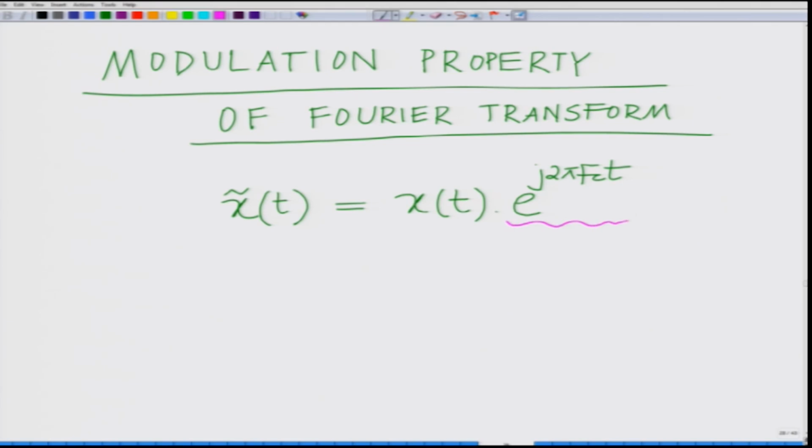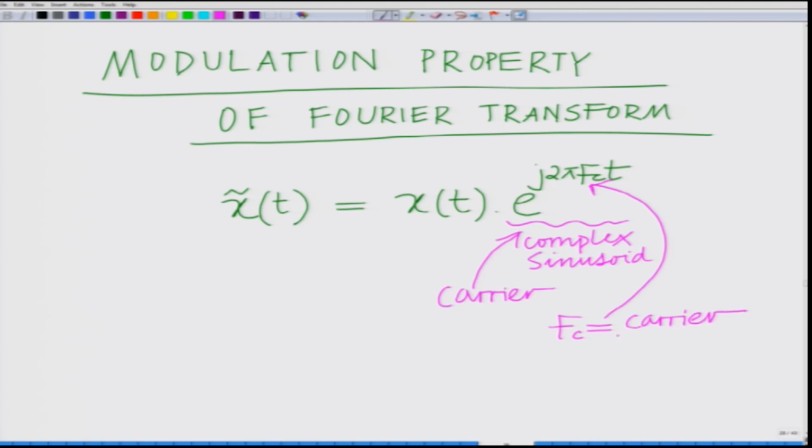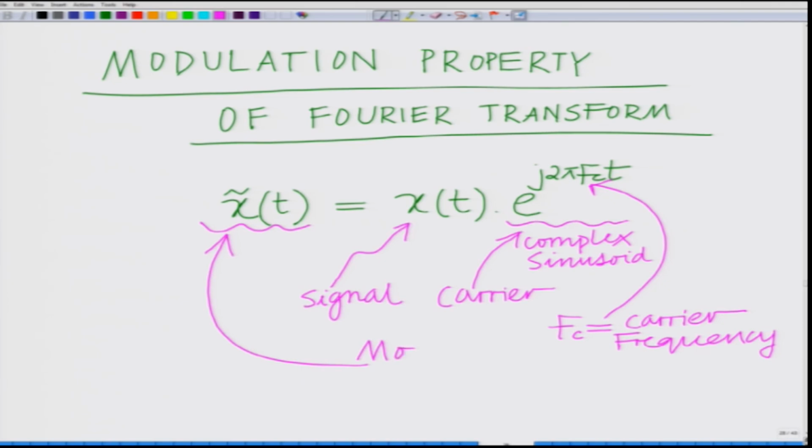This complex sinusoid is termed the carrier, and this quantity f c is the carrier frequency. x t is your signal, and x tilde t is termed the modulated signal.